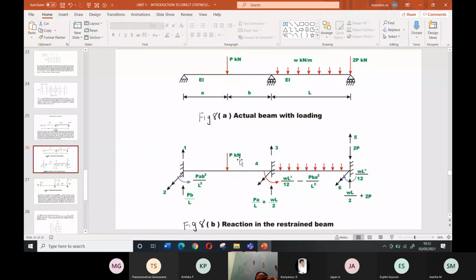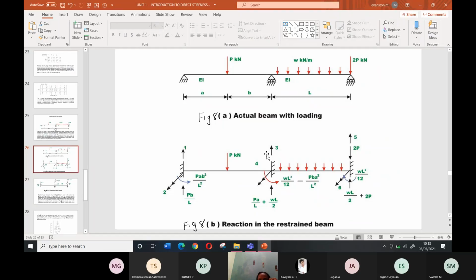From this beam you will have a moment PBA square by L square, and for this one, that is UDL, it is WL square by 12. So you have to subtract and find out the net moment, and the reaction you also have to find out, PA by L plus W by 2. So these are the possible multiple choice questions you can expect for 2 marks.